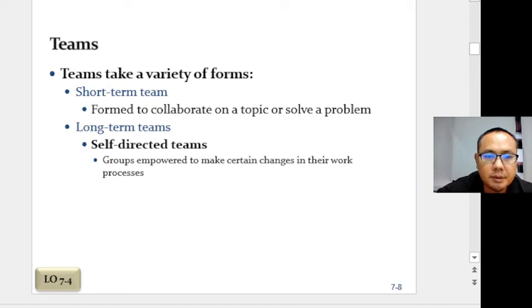So the effort of a business organization to become more competitive and customer oriented has caused them to rethink how work is accomplished. Significant changes in the structure of some work environments have been the increasing use of teams and the way that workers are paid, particularly in lean production systems.